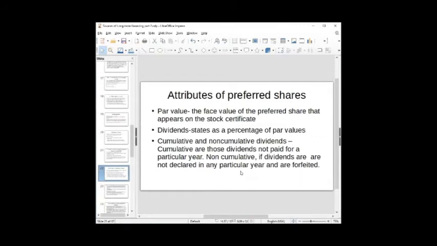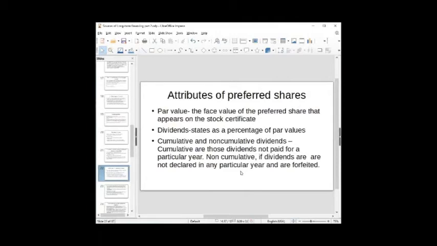So what are the attributes of preferred shares? Of course, there is par value, which means the face value of the shares. And they have dividends, which is the income from the shares of stock received by the stockholders. And there are cumulative and non-cumulative dividends.